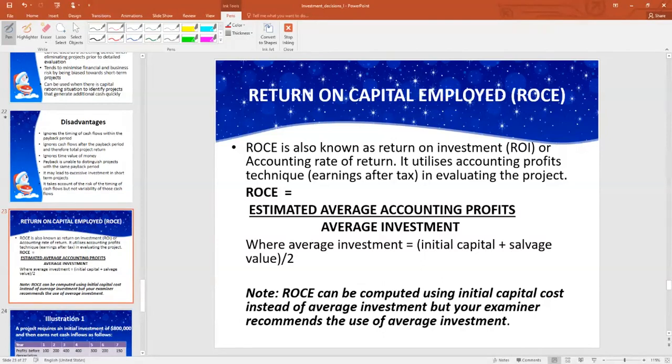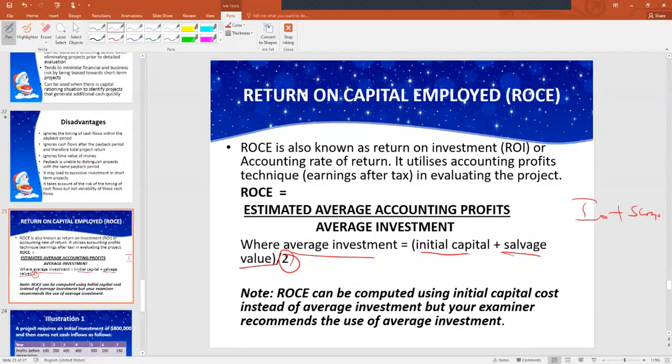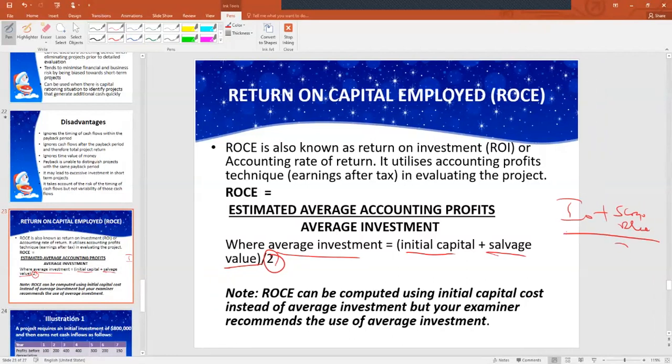Then we determine what we call the average investment. The average investment is given as the initial cost plus the disposal value, the scrap value of the assets, divided by 2.